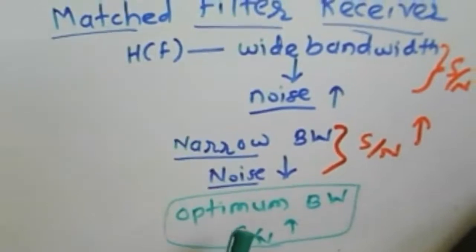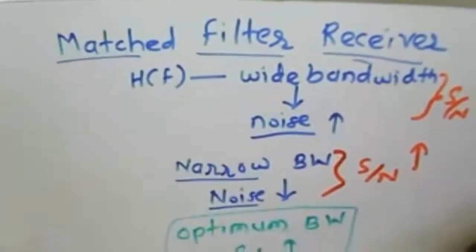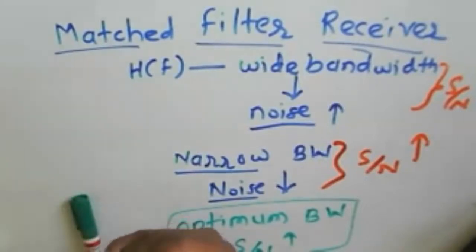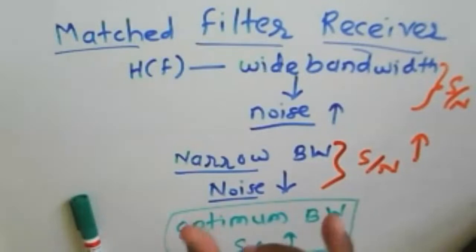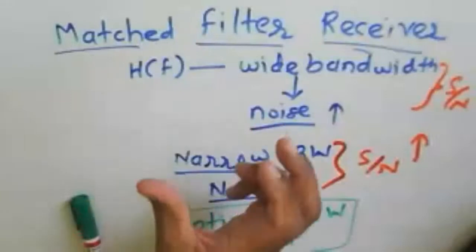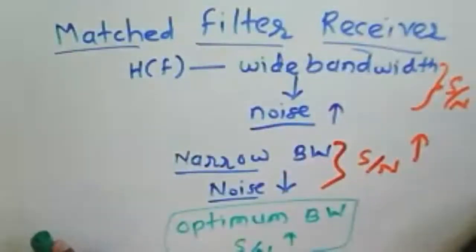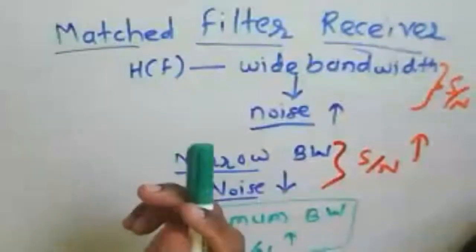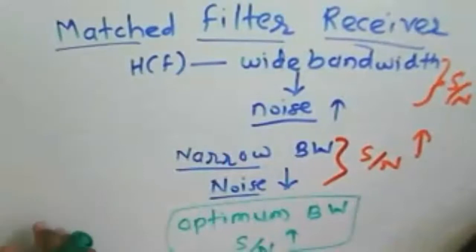We need to find the frequency response of the system. For an optimum bandwidth, the receiver characteristic is to be optimum, and for optimum characteristics of a receiver, we need a frequency response function, and the received waveform of the signal is to be considered for the optimum characteristic or optimum bandwidth.